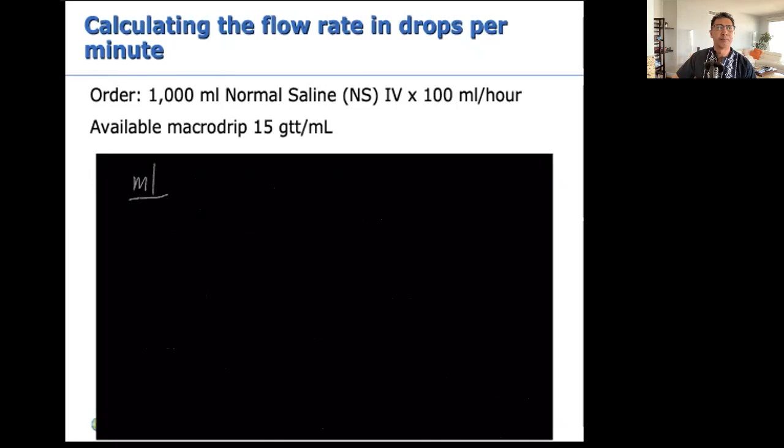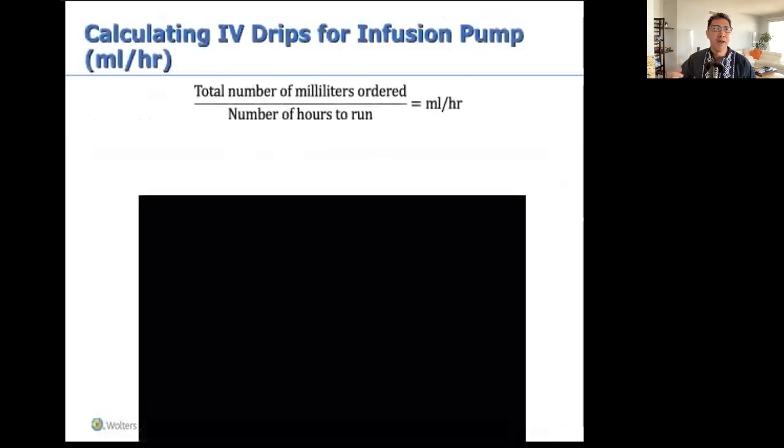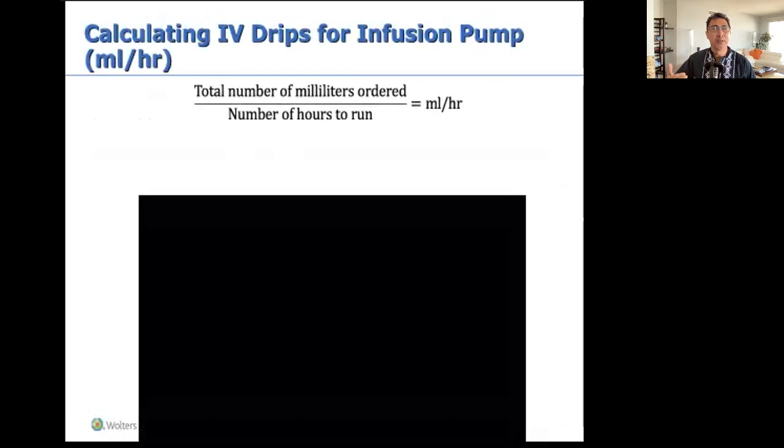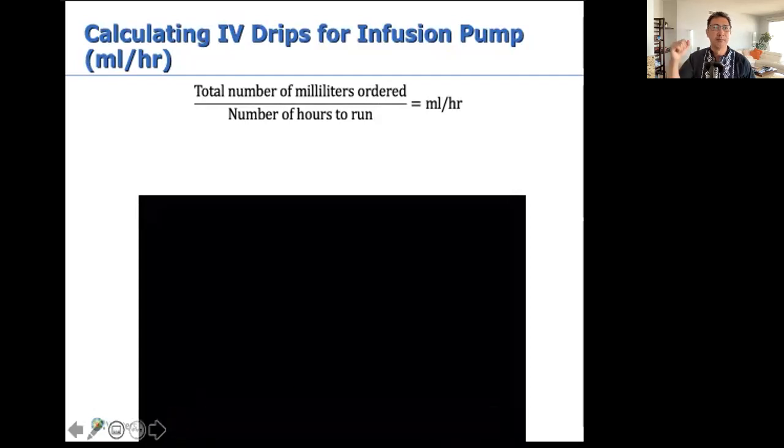Let's do it again. 1,000 ml normal saline. No, this is the same thing. Now this is your job as a nurse. You need to calculate the mLs per hour to set on the infusion pump. So there's the formula up top: total number of mLs ordered and the number of hours to run, which will give you your mLs per hour. Because for IV pumps, you can only set it per hour. There's no minute or second settings on the IV pumps.